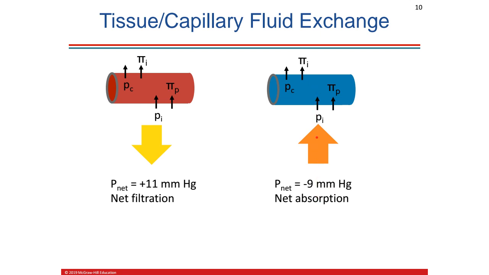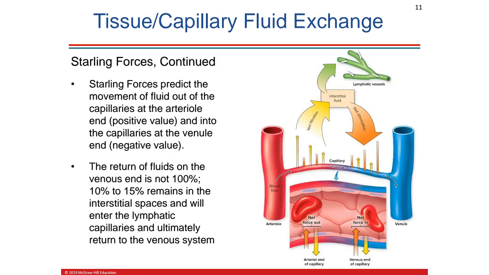This means that fluid is now going to move from the interstitial space back into the capillary. In this diagram, we can see that there's net filtration at the arteriolar end of capillaries and net absorption at the venous end. Of course, this filtration and absorption is driven by the Starling forces, which we discussed earlier.